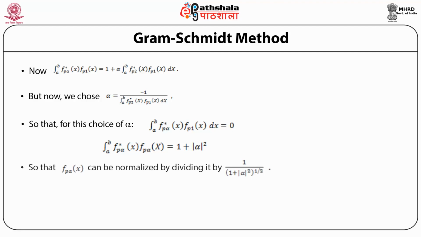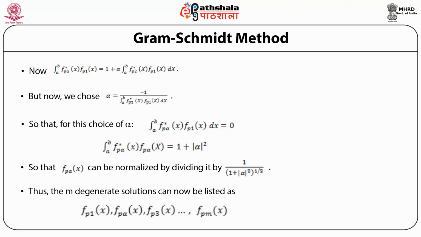Further, the integral from a to b of f_p alpha star(x) f_p alpha(x) dx is equal to 1 plus mod alpha square, so that f_p alpha(x) can be normalized by dividing it by (1 plus mod alpha square) to the power half.